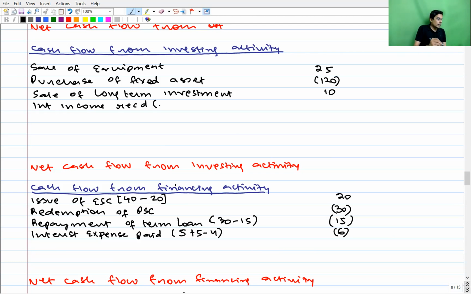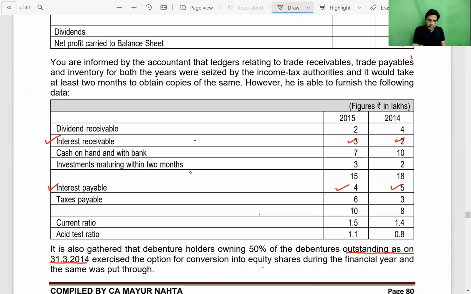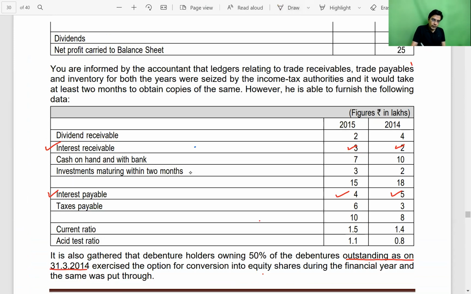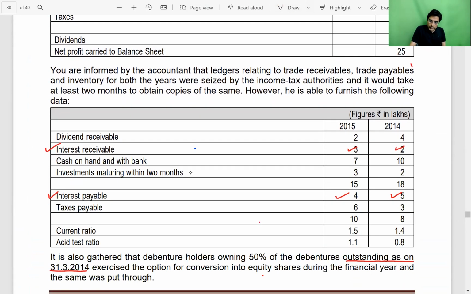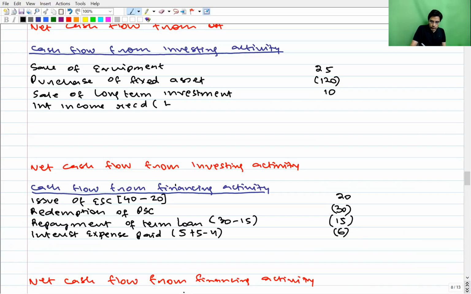In the P&L account it is appearing 4. With 4, we will add 2 opening outstanding because it must have been received in the current year, and will minus 3 because it is not yet received. So 4 add 2 minus 3, it will come to 3.